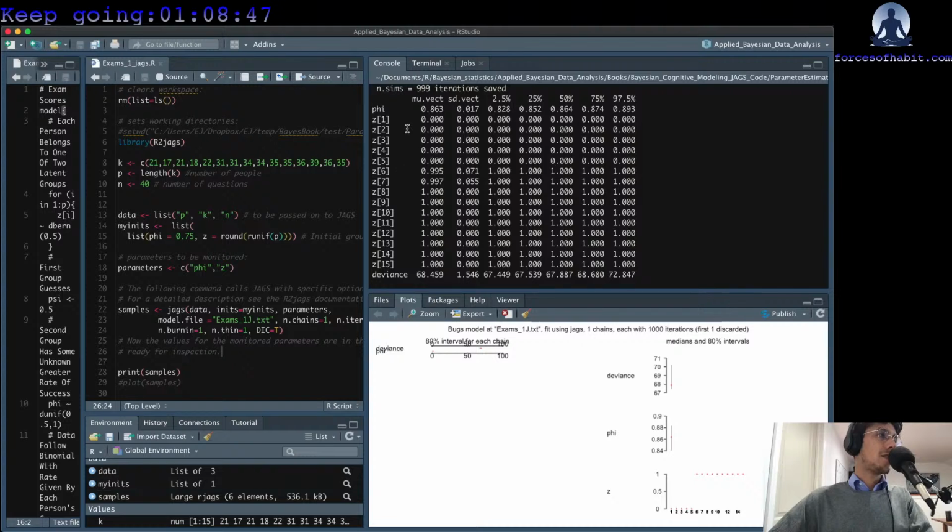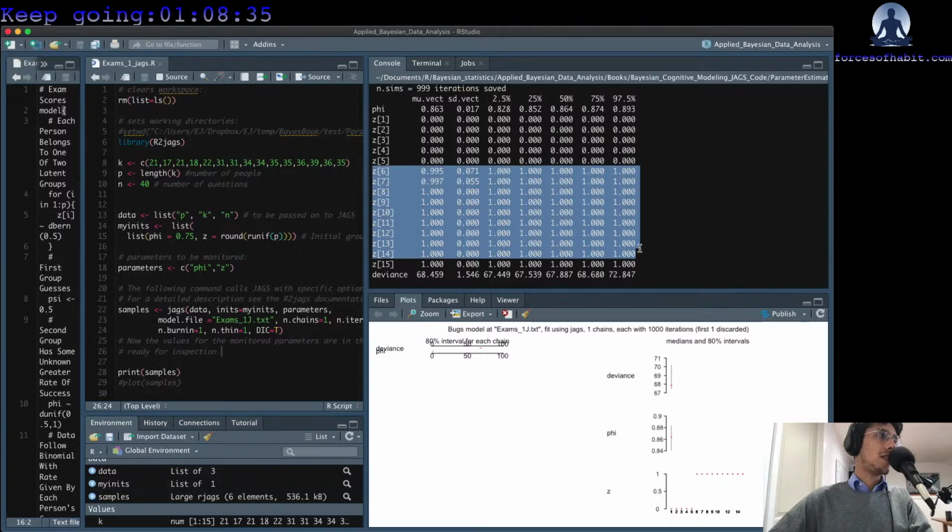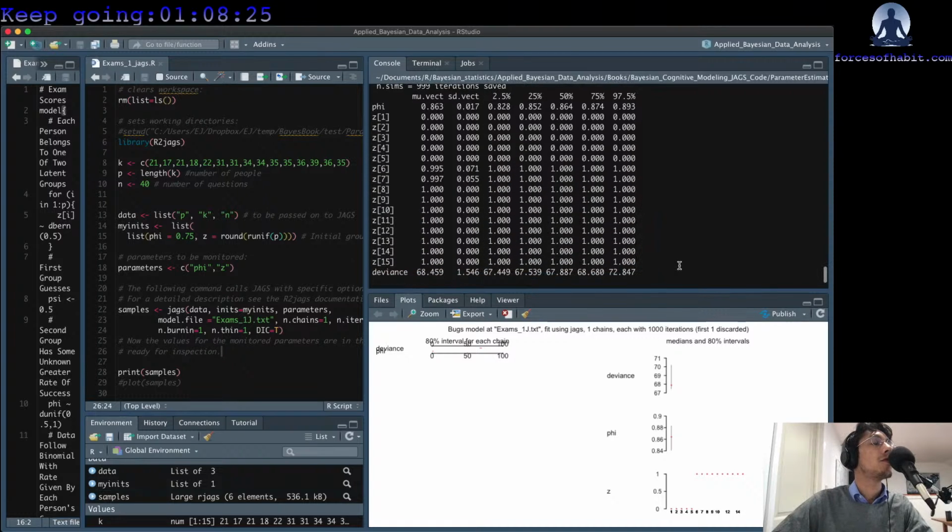But it seems like the first 5 people were identified as being, like I said before, the guessers, and 6 through 15 identified as the knowledgeable, corresponding to what we thought. And for the knowledgeable group, people on average tended to have a success rate of 86%, which is pretty high.